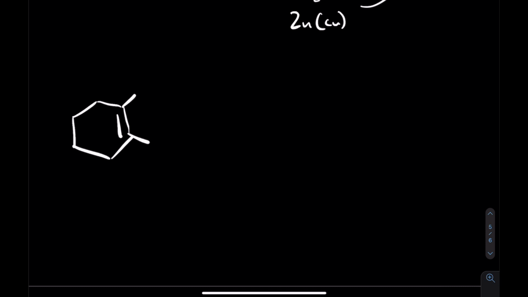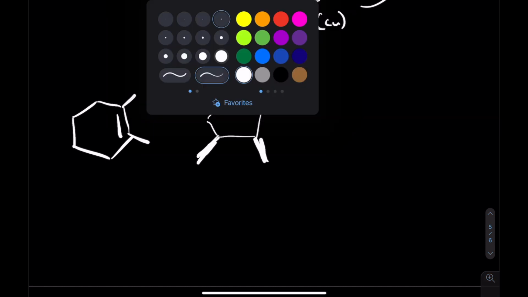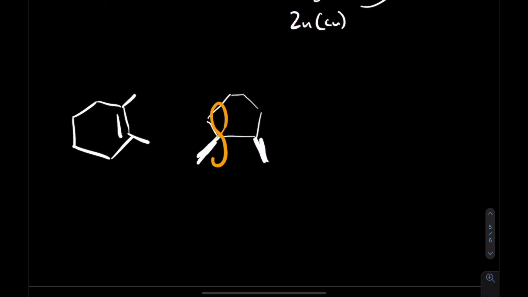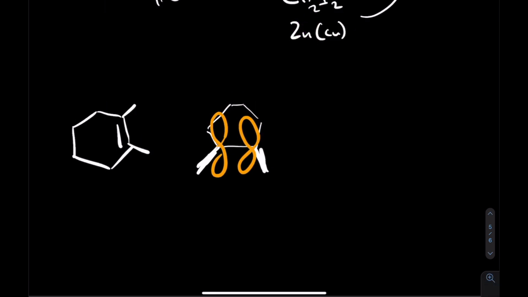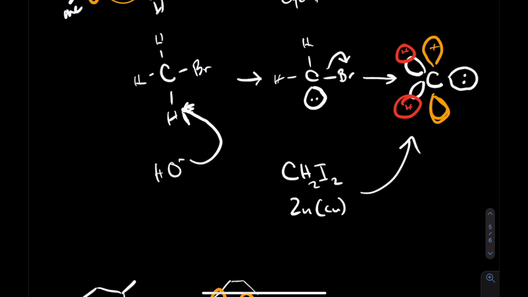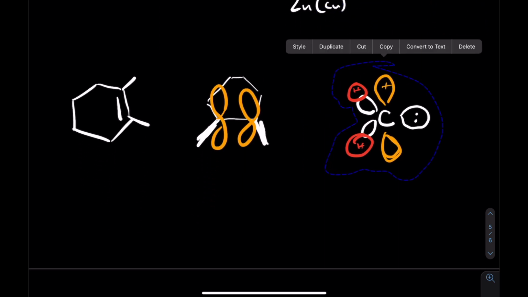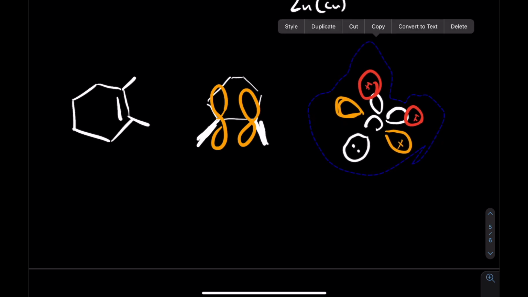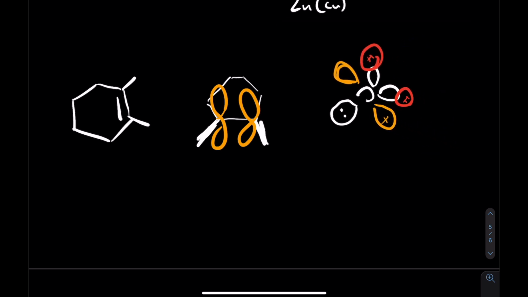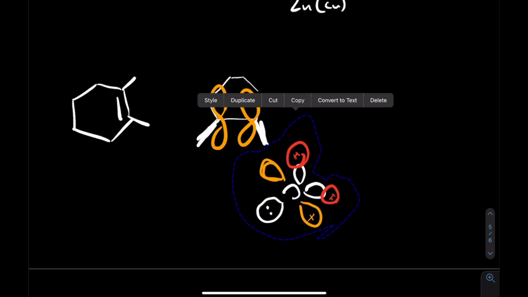Let's just rotate this so that now we've got this, and that's going to be in the back. That's going to come out here. That's out here and here, right? And so your pi orbitals are like that, and then you're going to come in, and it's going to float down, and you can't really imagine how it's going to approach any other way.